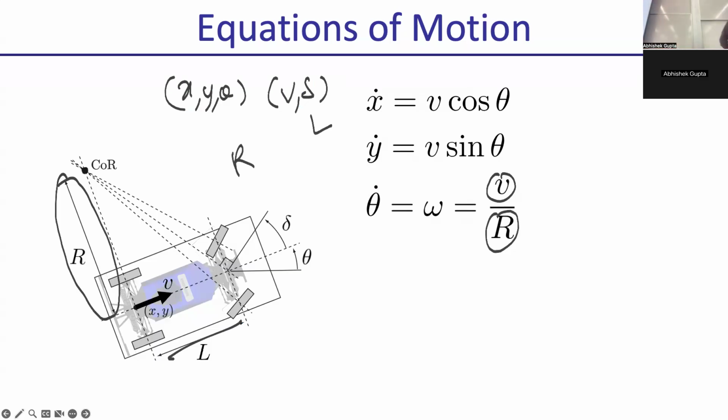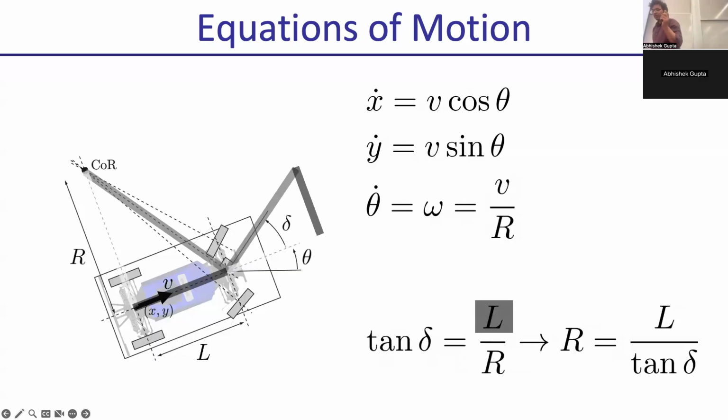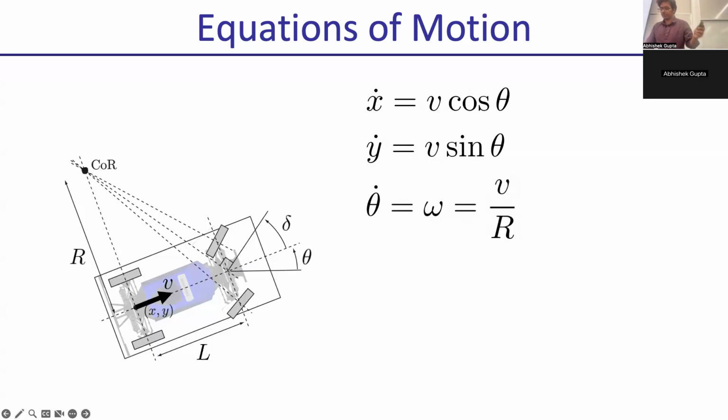So we know that angular velocity omega is the linear velocity v divided by the radius R, but we don't know the radius, right? And so the way you're going to compute the radius is you're going to look at this triangle. Maybe let me just draw it here.